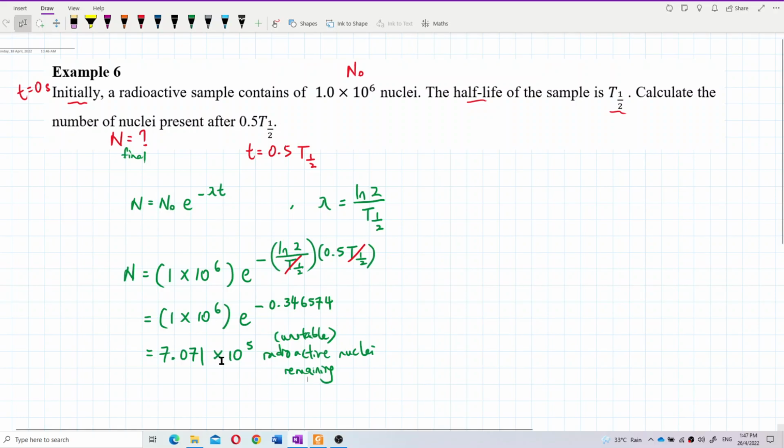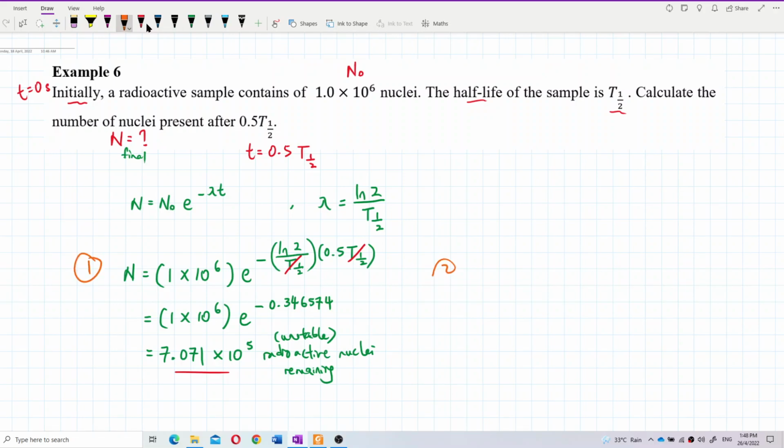So I have this amount of nuclei remaining. At 0 second it is 1 exponent 6, so after this 0.5 half-life, I have 7.071 exponent 5 nuclei remaining. That's the answer. So that is the first method.